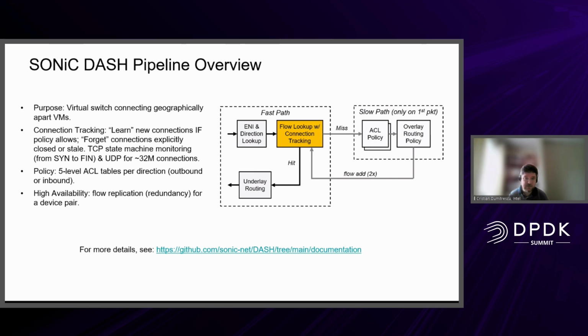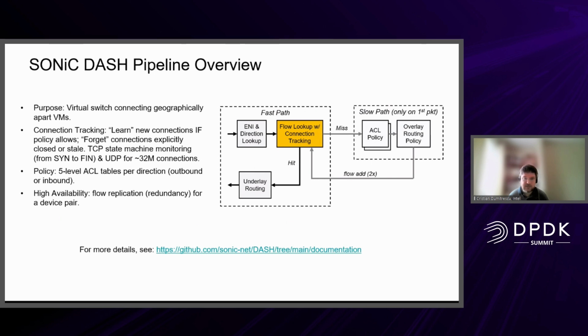So it's a bidirectional connection. It depends on how we implement that. It could end up with two flows in the table, or it could be a single flow if we do some symmetric hashing. So yeah, it's important to know that the policy is only looked up for the first packet of a new connection. We register the packet, then we monitor the state machine for the connection, and at some point we are going to remove this connection.